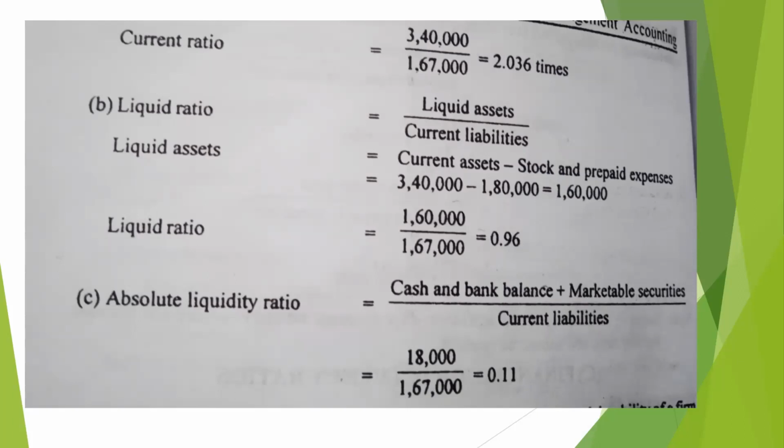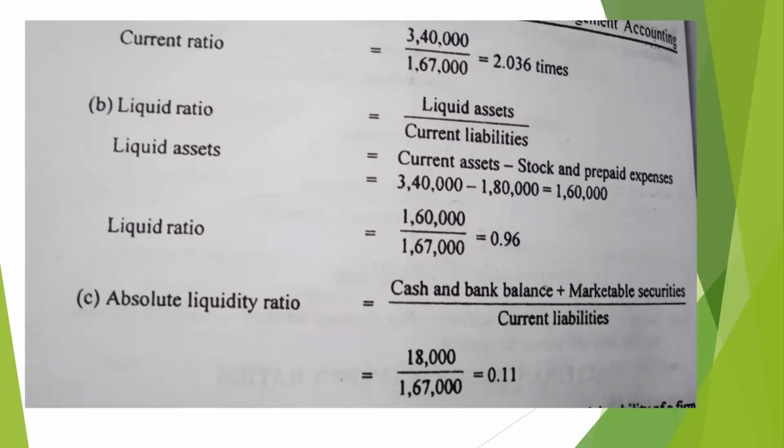Second one is liquid ratio. It is also known as quick ratio and acid test ratio. So the formula for the liquid ratio is liquid assets divided by current liabilities. Here liquid assets means current assets minus stock and prepaid expenses.